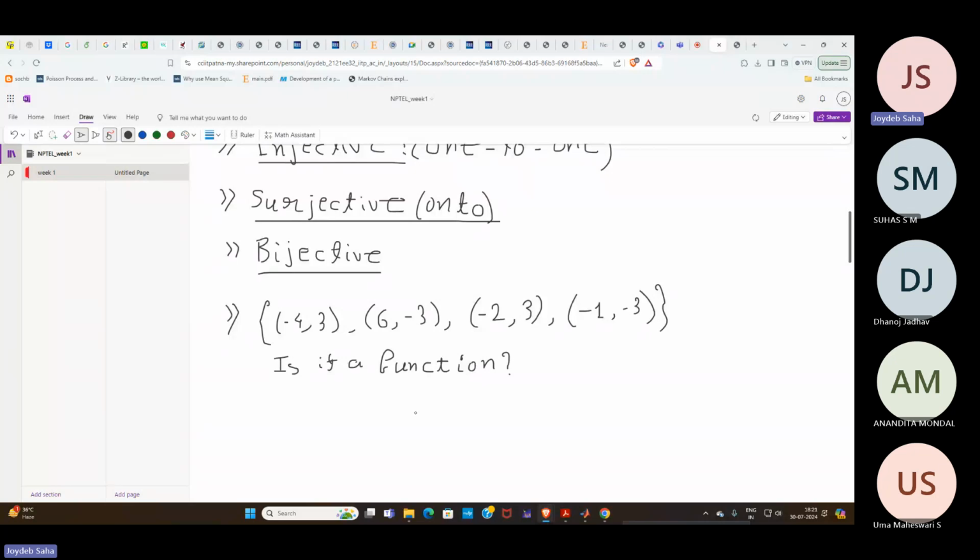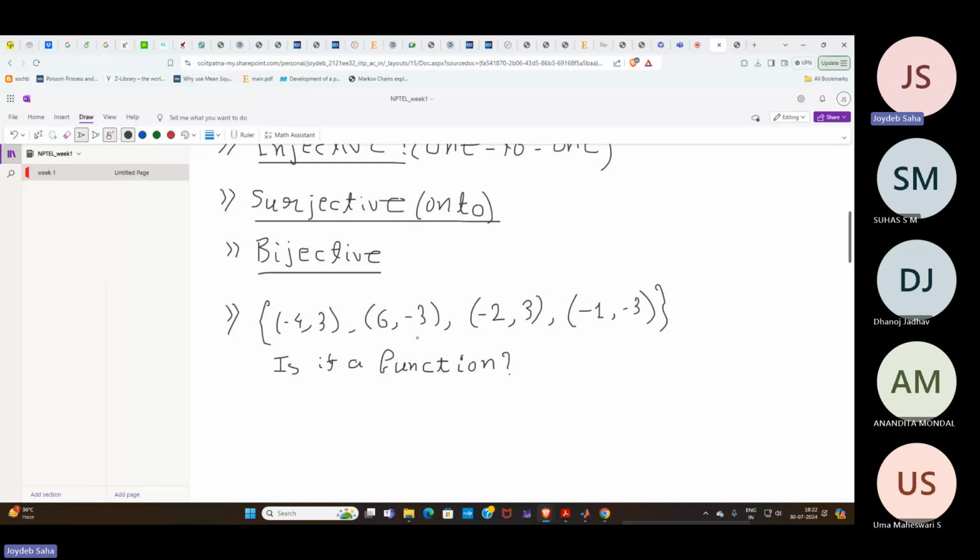Is it a function? Yes, we can say this is a function. Why? Because for each element in set A, there is a map in set B. If we say these are the input, -4 is the input and 3 is the output.